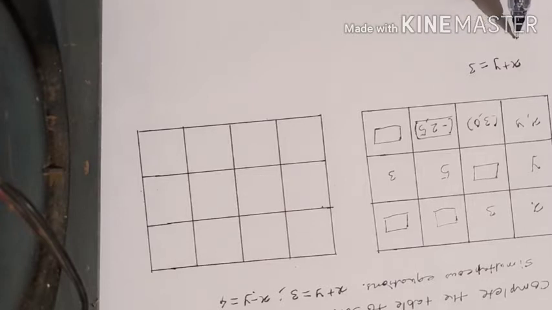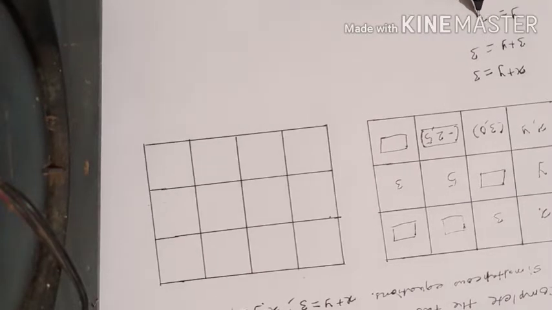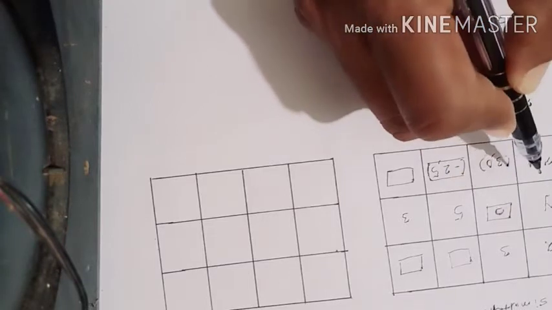Therefore, I will write 3 plus y is equal to 3. This plus 3 becomes minus 3. Therefore, y is equal to 3 minus 3 is equal to 0. Correct. And we will write the value of y in this box. The value of y will be 0. It is the first box.